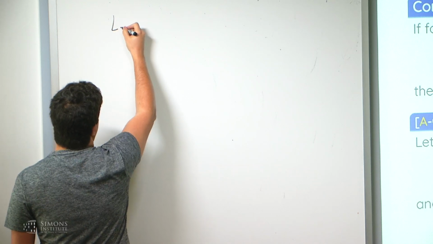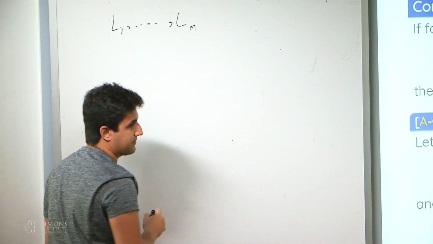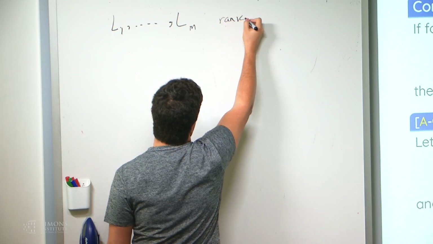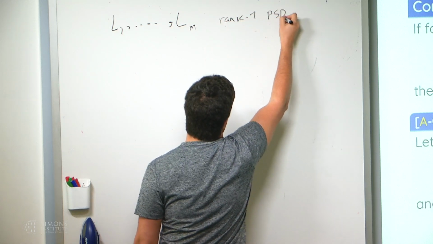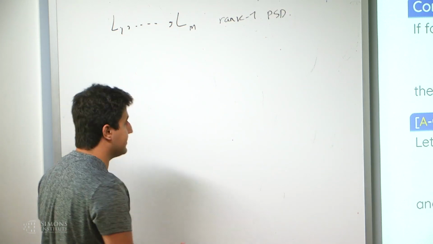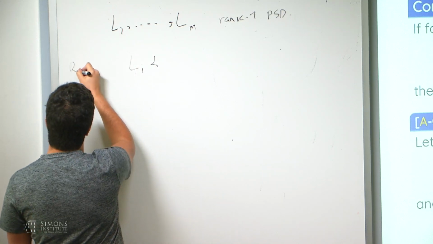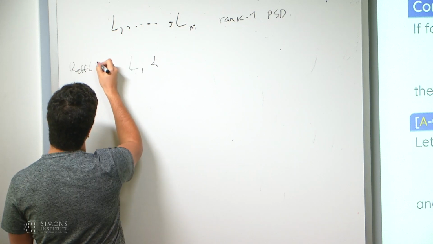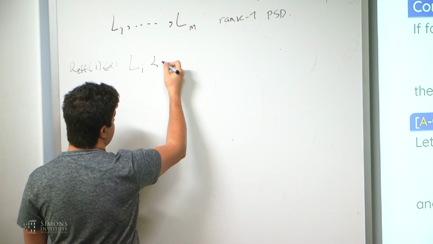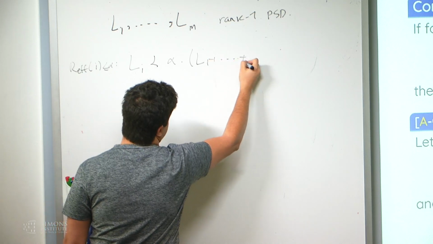Let's say these are the Laplacians of the edges that we have, L1 through Lm. These are all rank 1 PSD matrices. The condition that the effective resistance is bounded by alpha is equivalent to saying that Li is bounded by alpha times the sum of all of the Laplacians.